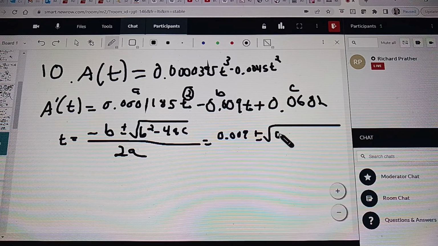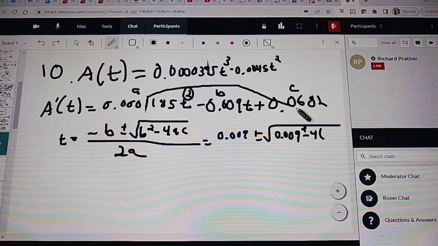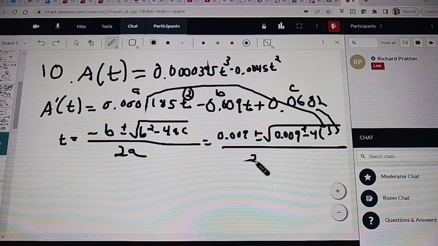Then we need 0.09 squared minus 4 times this A, I'm just going to point at it because it's big and messy, and times this C, all over 2 times A.